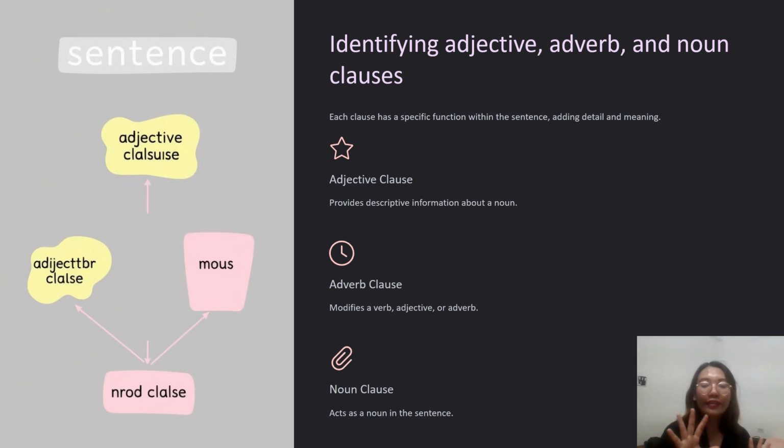These are the words by which we can identify a noun clause. If you can replace the clause with a single noun or pronoun, it's a noun clause. All right, so that's it. I'm sure you are all clear with this topic.